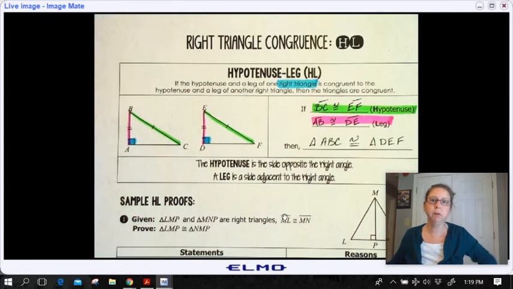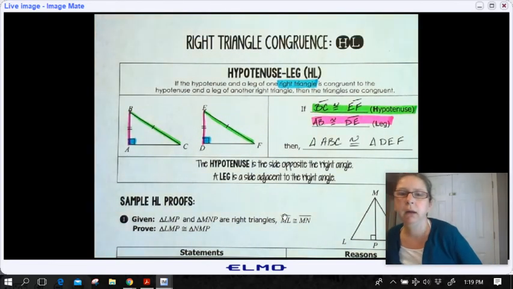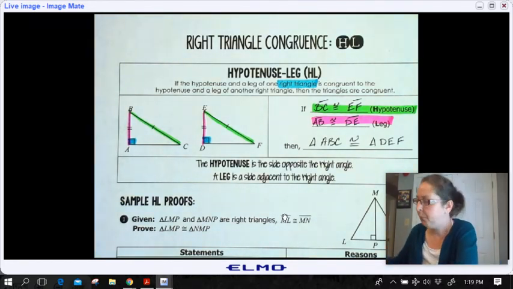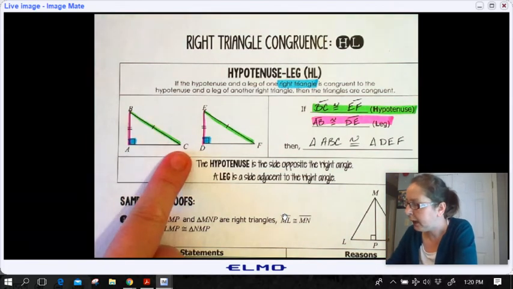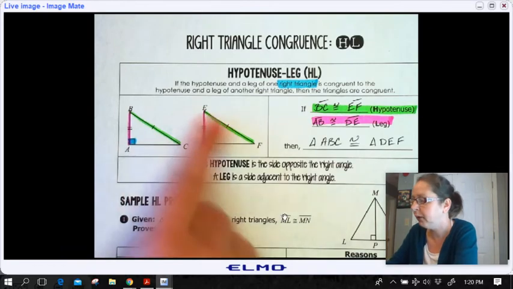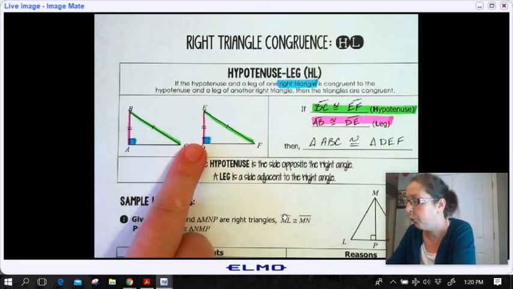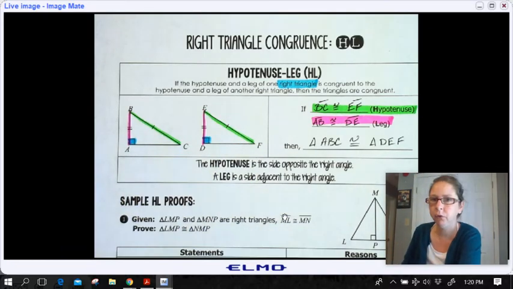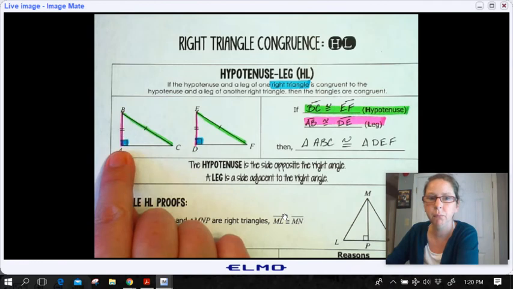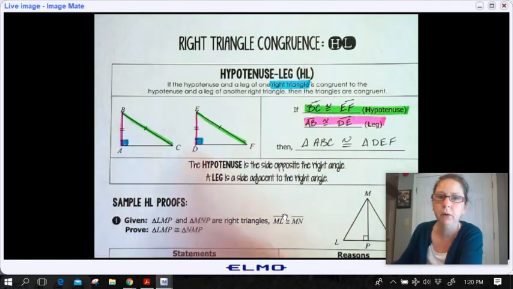So hypotenuse leg, that is our HL. These have to do with right triangles only, okay? So if the hypotenuse and a leg of one triangle is congruent to the hypotenuse and leg of another right triangle, then the triangles are congruent. So my hypotenuse and my leg, and I know that they both have at least this one right angle.